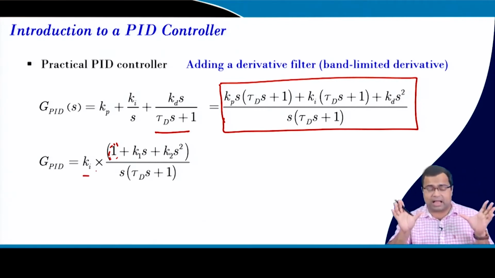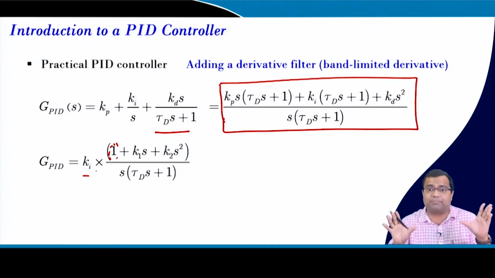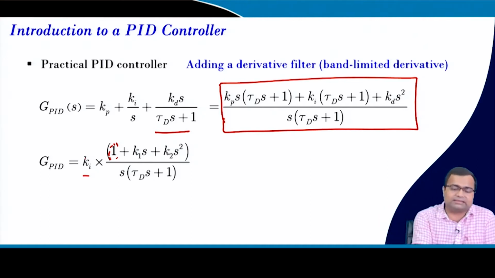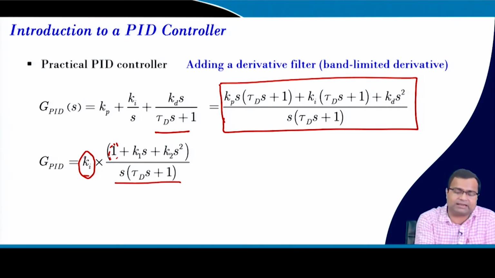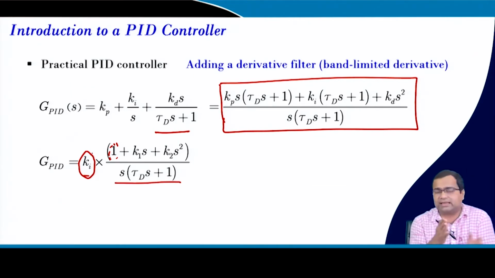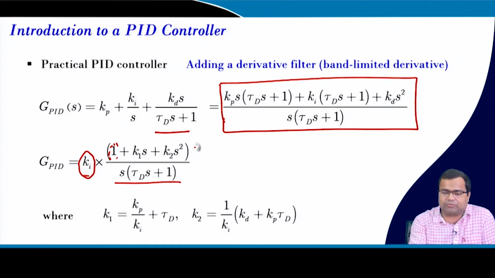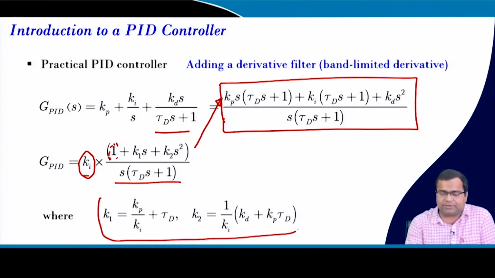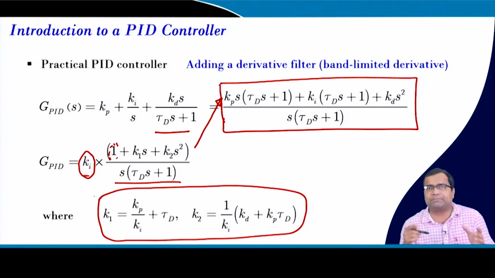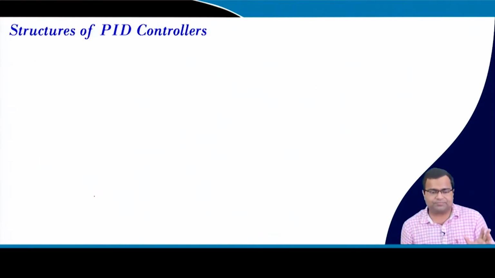Whether it is an ideal PID controller or a practical PID controller, the DC gain of this PID controller is always your Ki in this case, but yes, you have an integrator. I am saying that the constant term which is taken out is the Ki. So, here we can write how this can be mapped with these coefficients, and that will lead to this mapping between K1, K2 with the Kp, Ki and Kd and tau d.